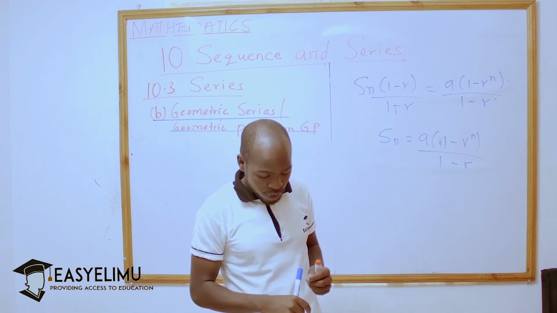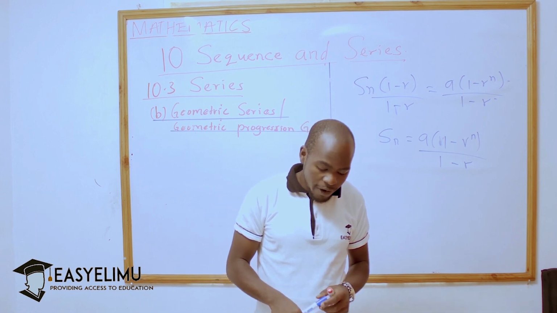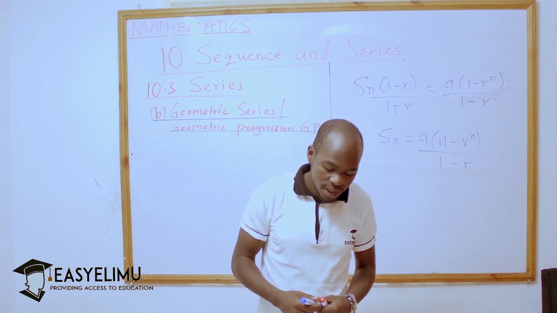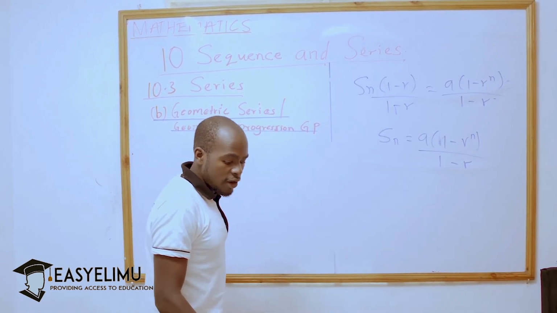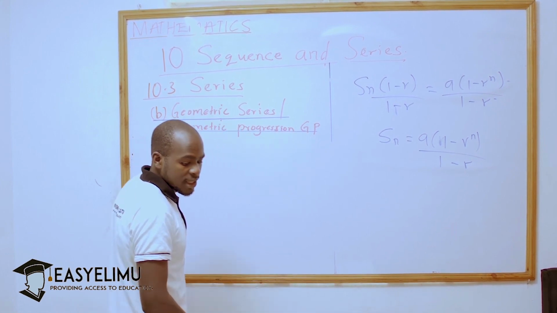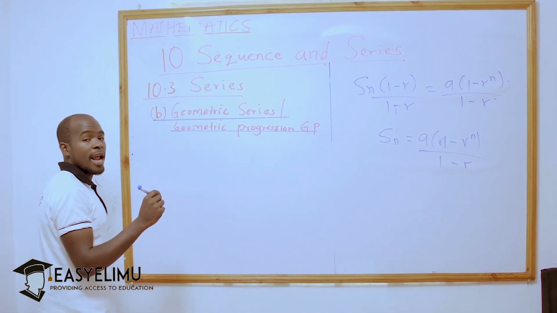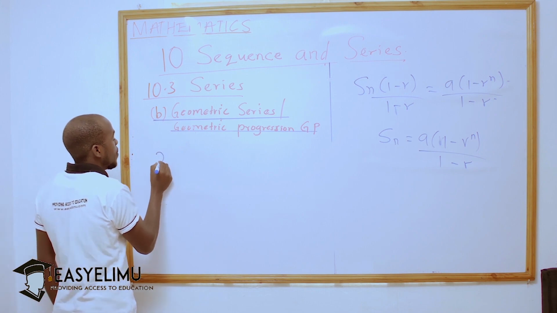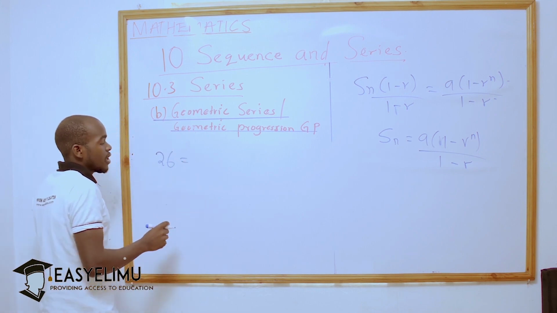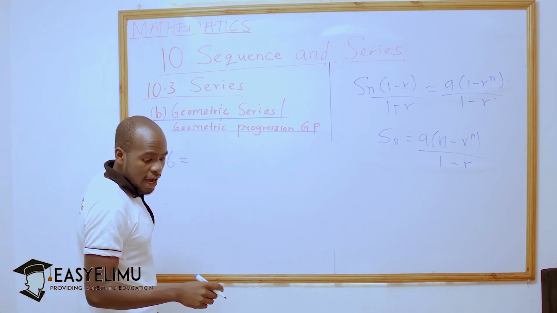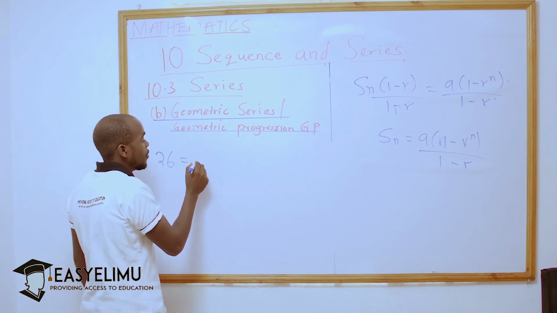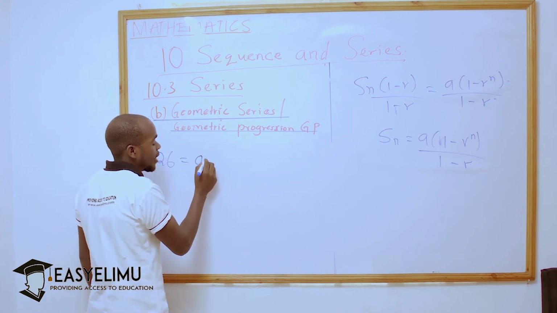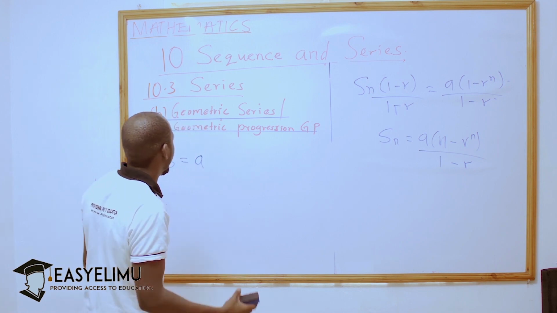If the common ratio is 3, find the sum of the first 6 terms. Now, the sum of the first 3 terms, we have been told it is 26, and we are finding the sum of those, given as A. Actually, let me write first how it is.